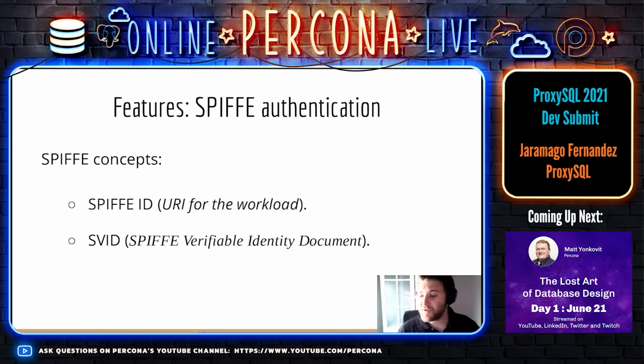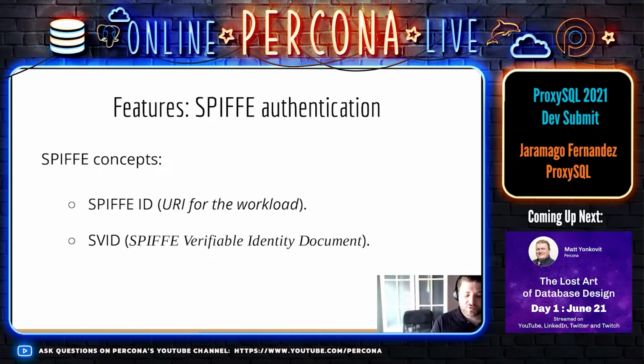The SPIFFE ID is simply the URI for the workload that we are specifying. The SPIFFE SVID is the SPIFFE Verifiable Identity Document, which is the document with which a workload proves its identity to a resource or a caller.